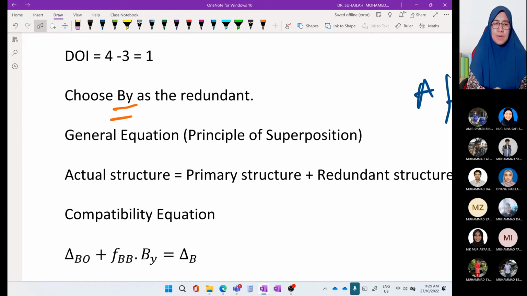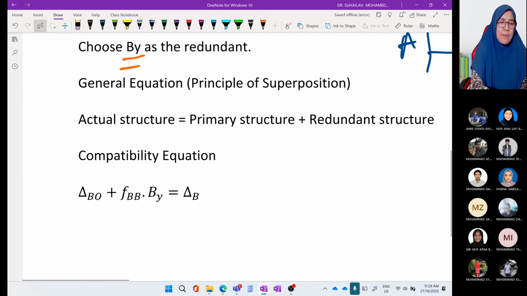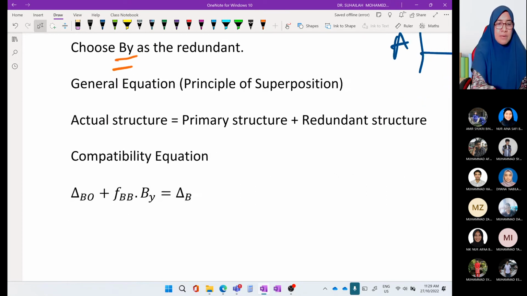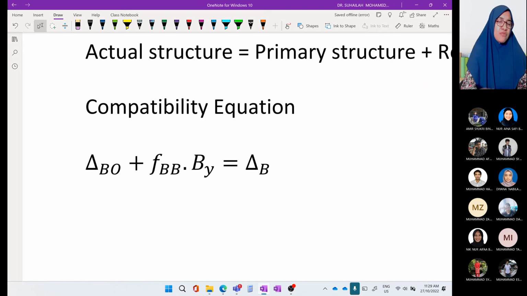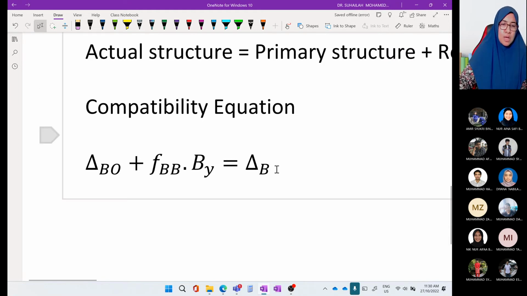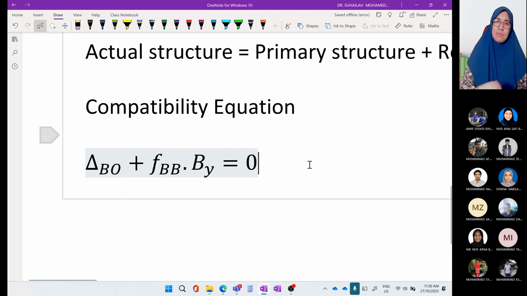And from the principle of superposition, we write the compatibility equation directly, because this is just the standard form. Delta B naught plus FBB times By is equal to 0 is the standard form of the compatibility equation, and it will change according to the redundant position.